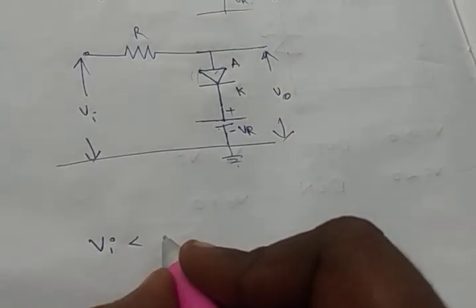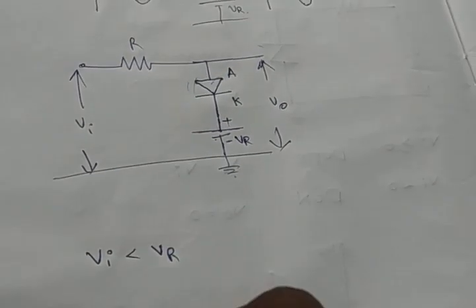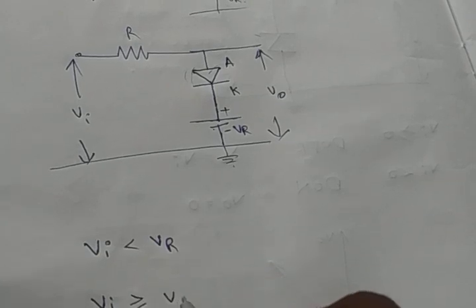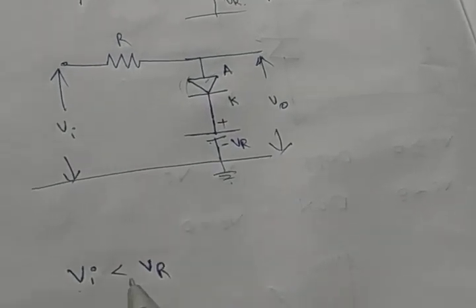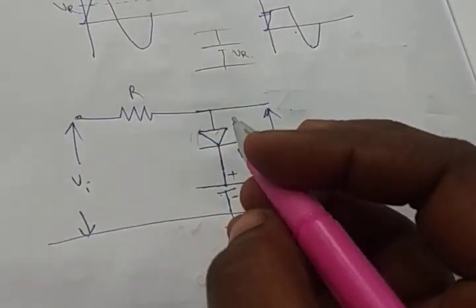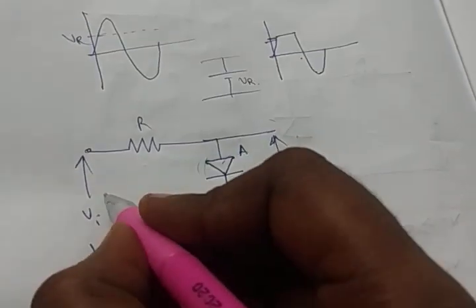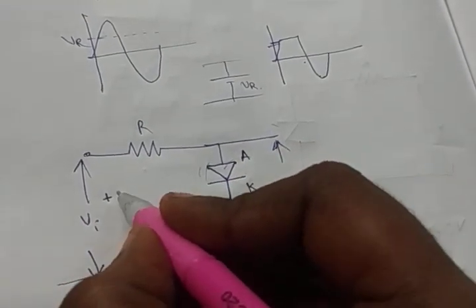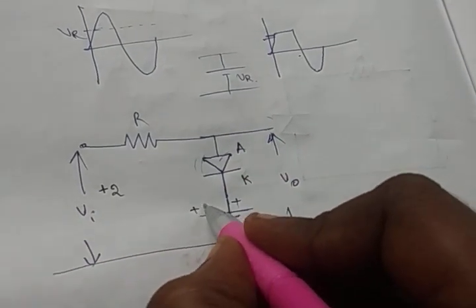Vi less than VR and Vi greater than or equal to VR conditions. Vi less than VR condition: VR, let us assume it is 2 volts, Vi is +5.